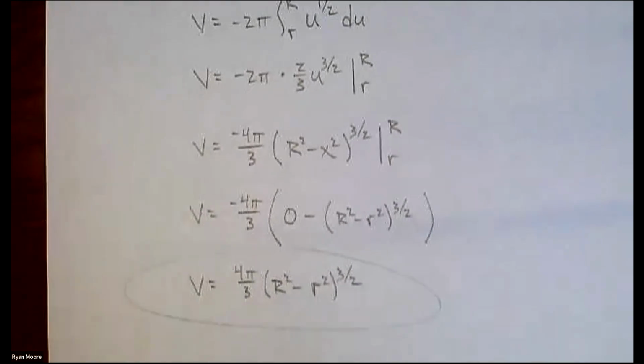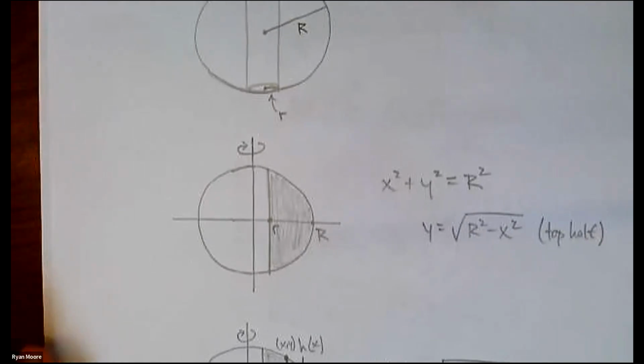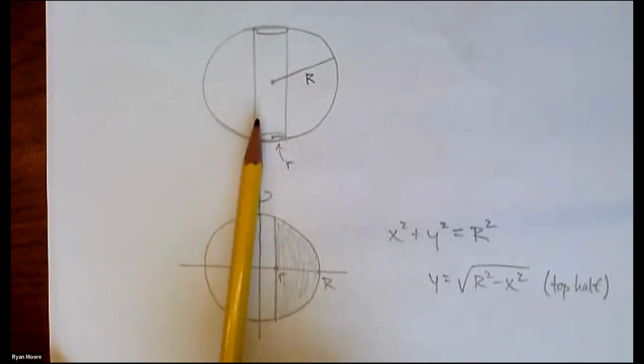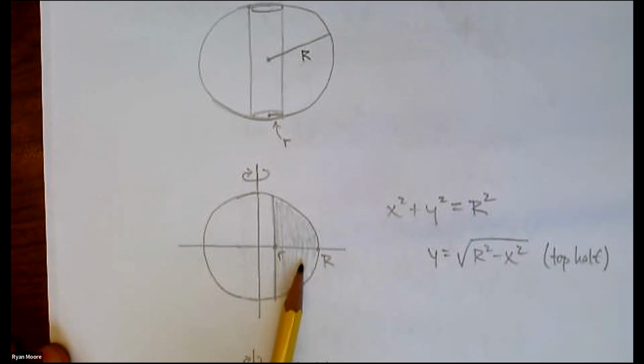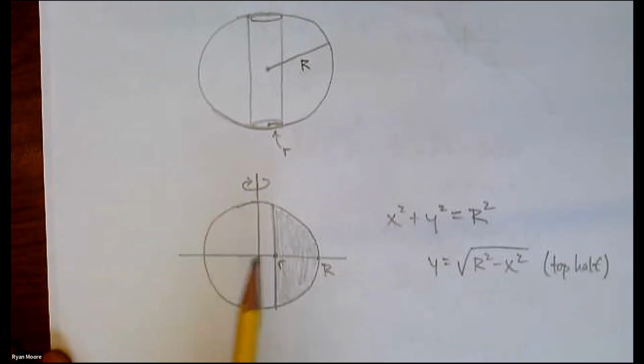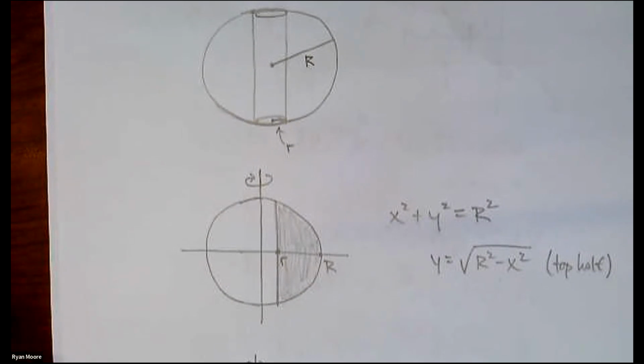That was a fun problem. Okay, so kind of reflecting, the first thing we had to do was make a drawing on an xy plane and then shade the region that would then rotate to create the three-dimensional figure that we're looking for.